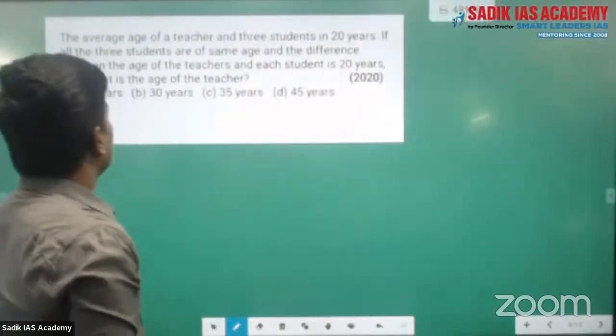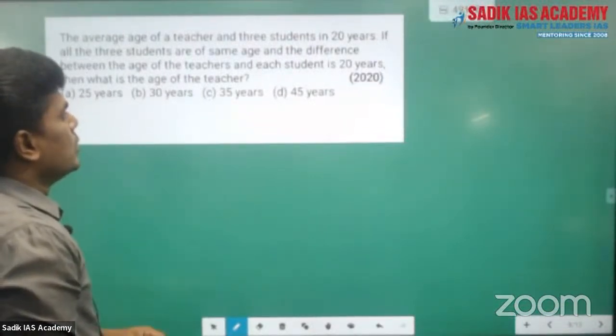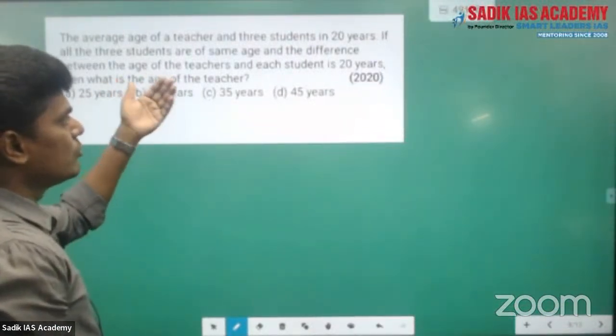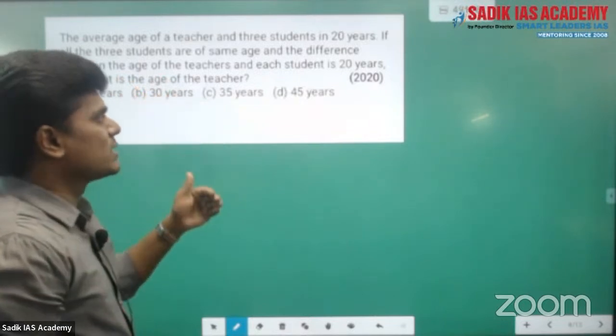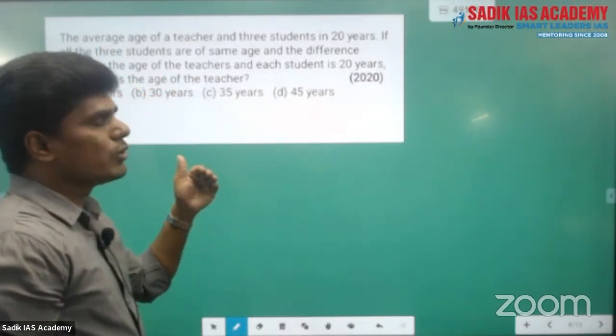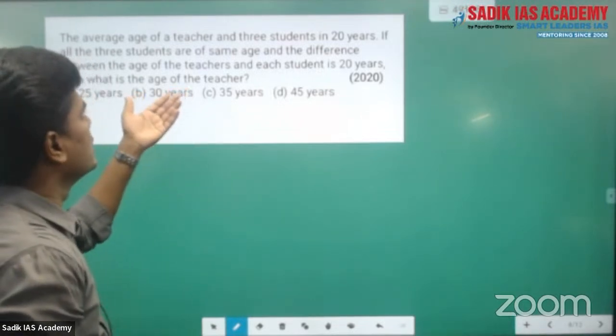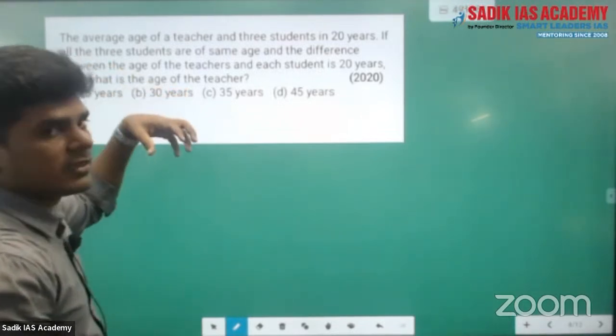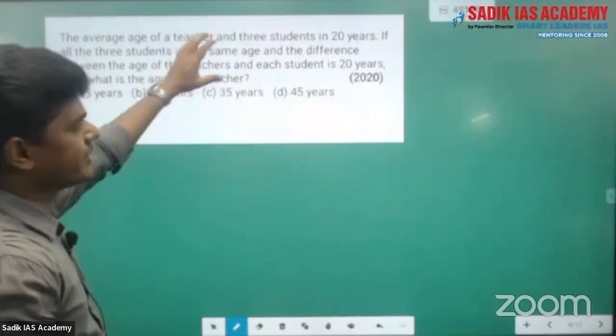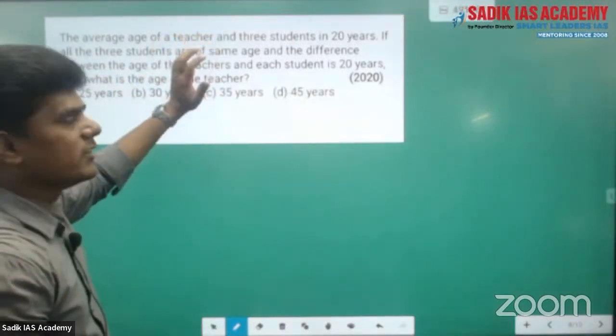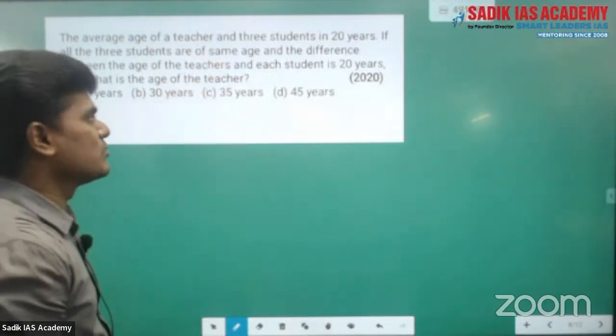I would like to explain the next method, how you can approach the math related problem, based on this sum. This is the question to explain the next method.